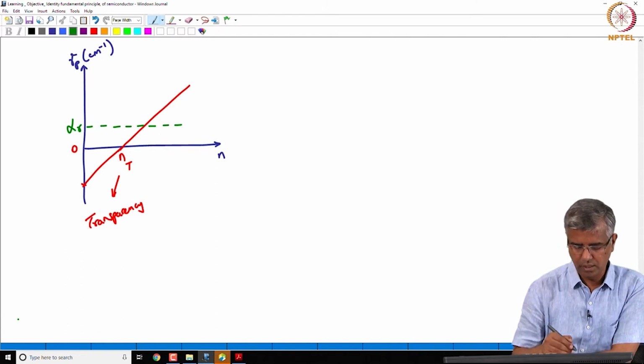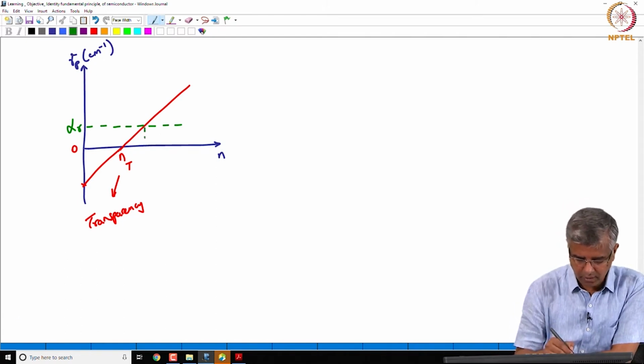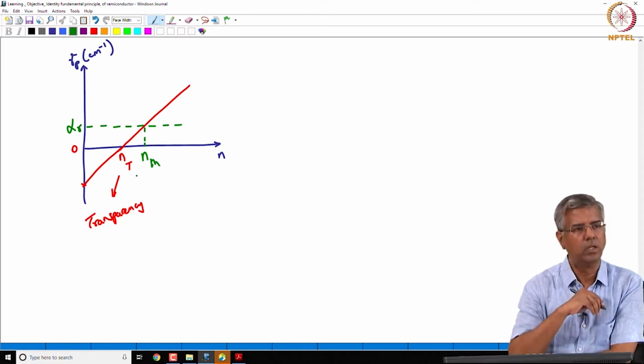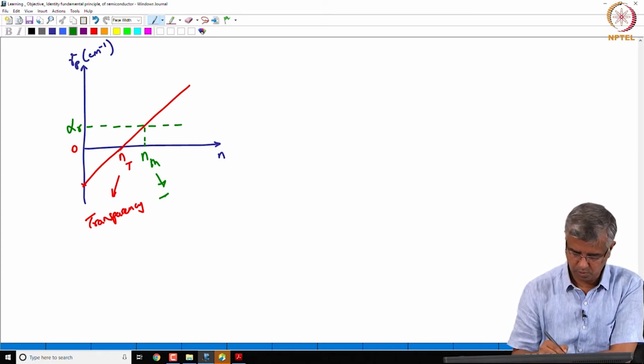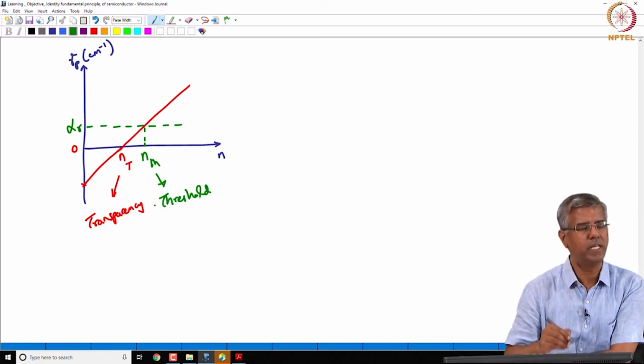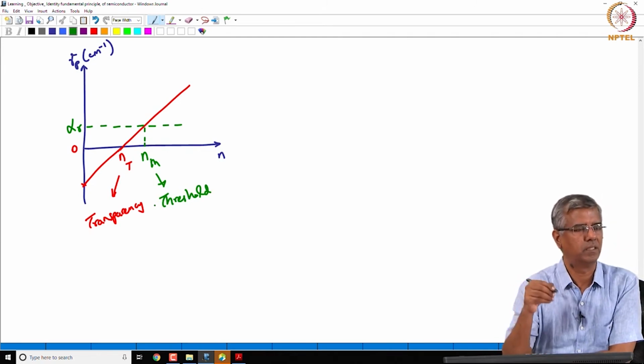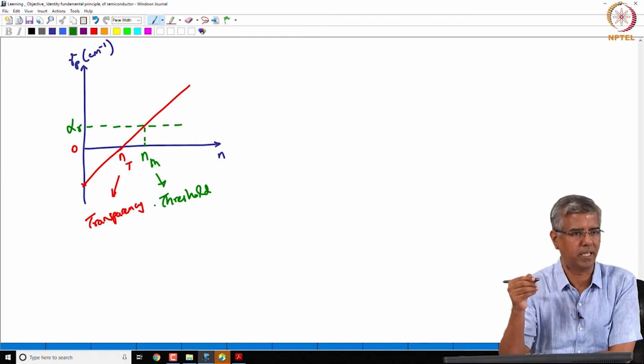And that means until you get to a value NTH, which corresponds to a threshold, only beyond that you are starting to have lasing happening.